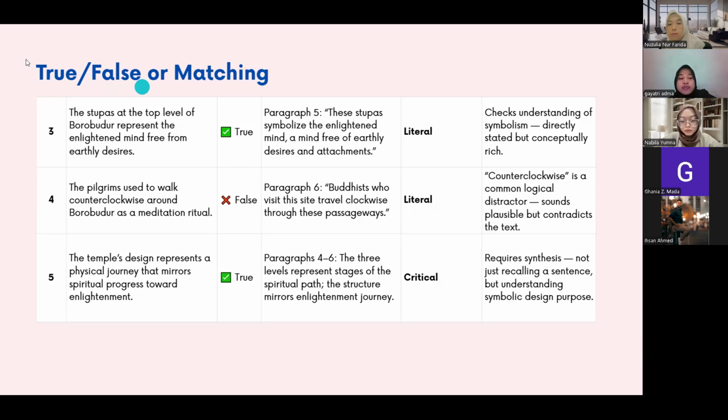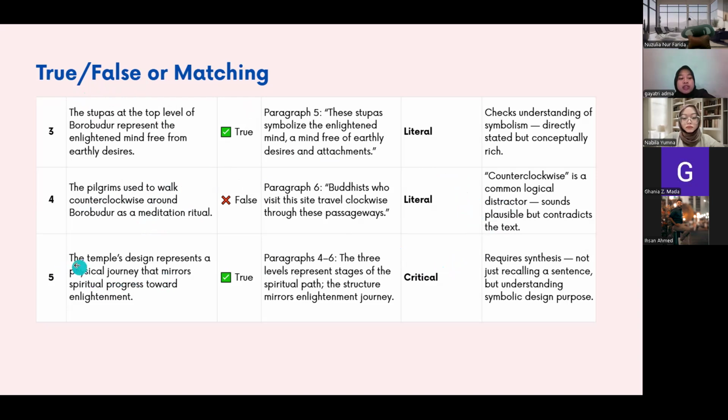And then the fourth one, the pilgrims used to walk counterclockwise around Borobudur as a meditation ritual. And here we know that the answer is false. It also assesses students at the literal comprehension level.